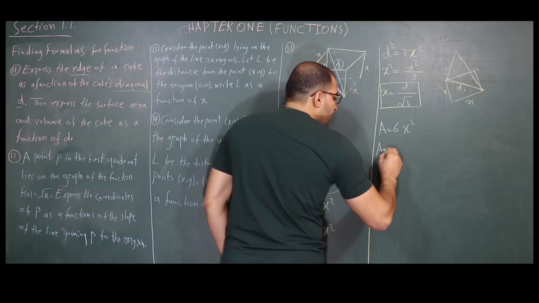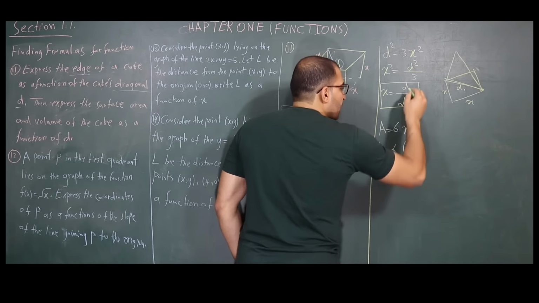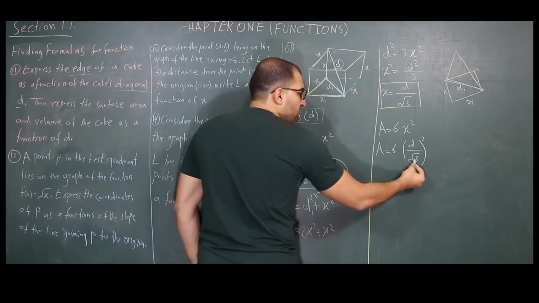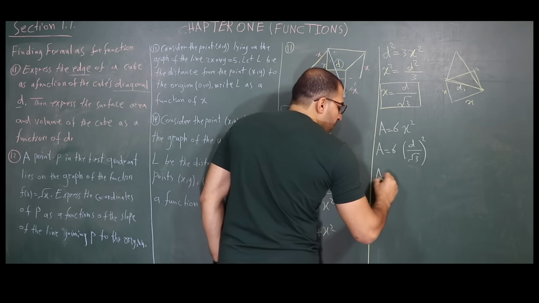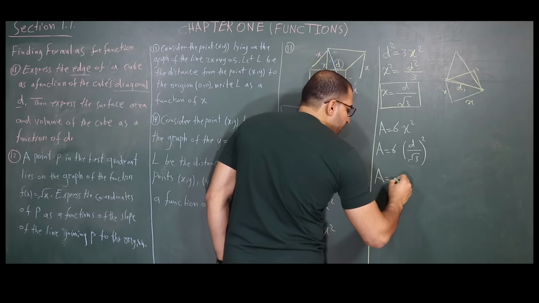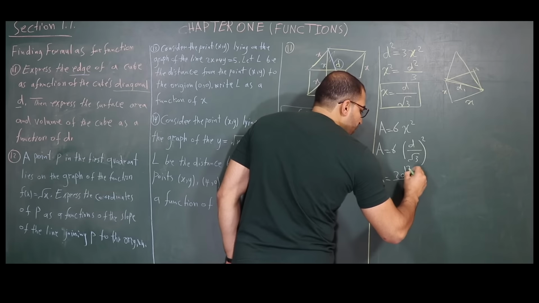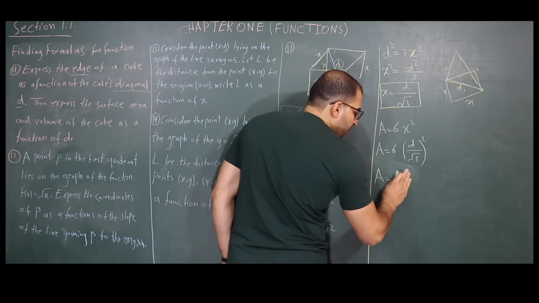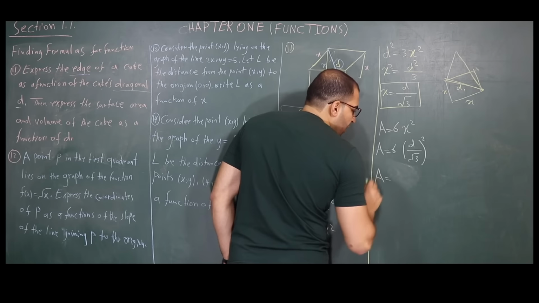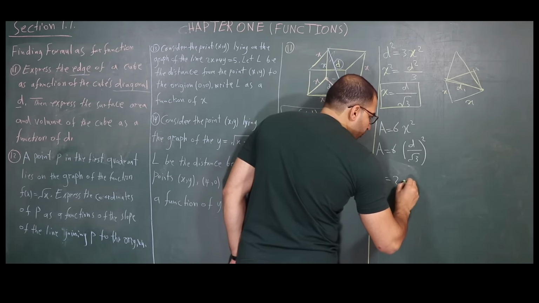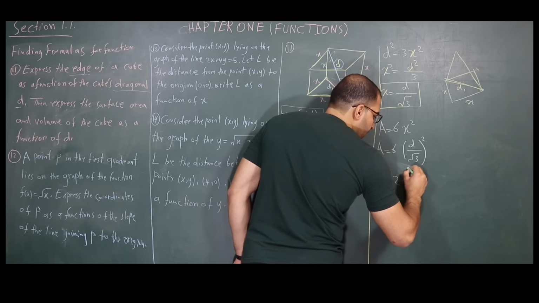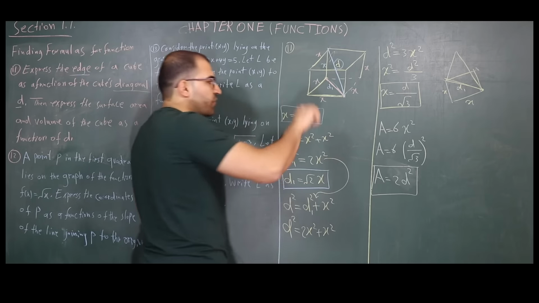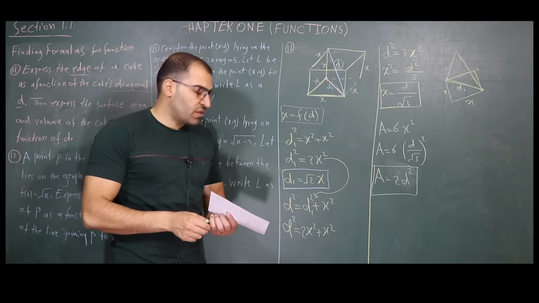So the area will be 6 d squared over 3, and 6 divided by 3 is 2, so it's 2d squared. I don't need any denominator. So I expressed the surface area of the cube as a function of d.